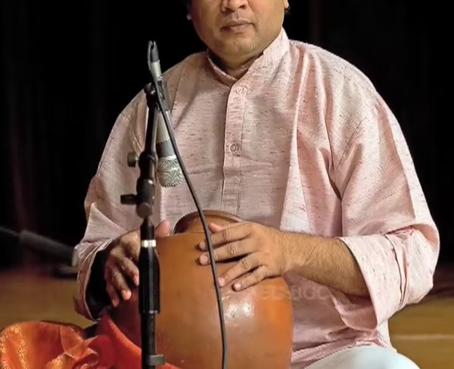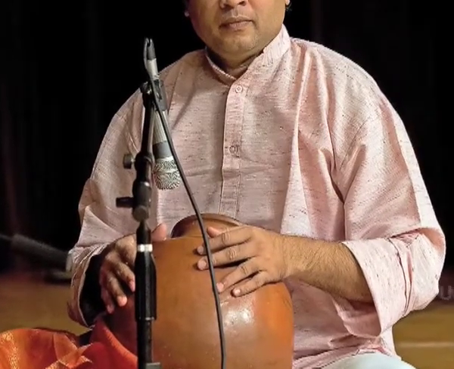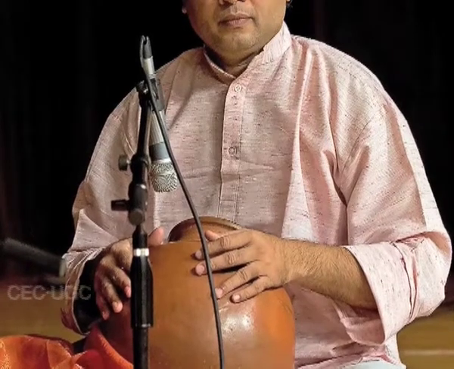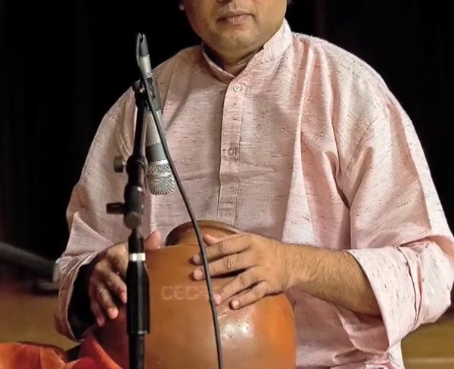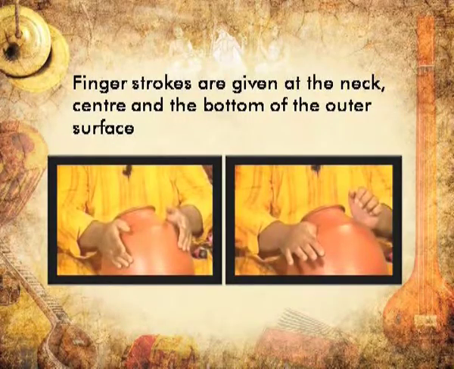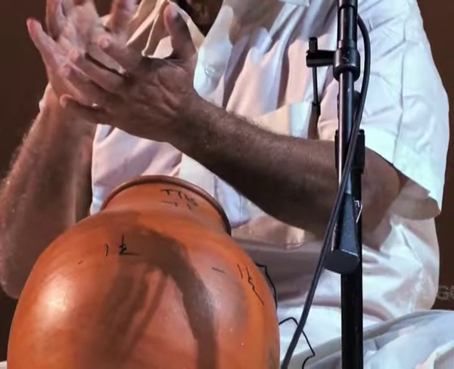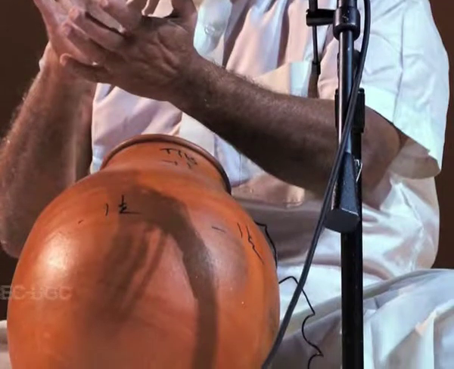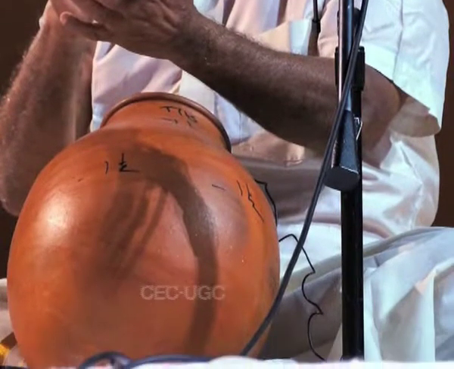In fact, this is the only concert instrument wherein the holding posture is changed in the course of play. Finger strokes are given at the neck, center and the bottom of the outer surface. A very high degree of speed is possible on this instrument.